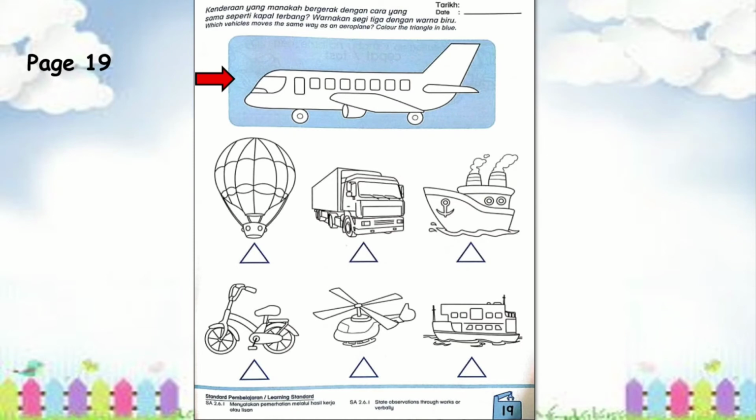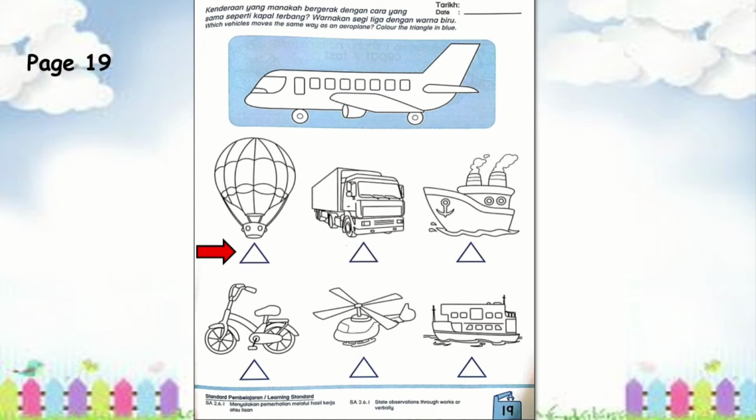So, let's find out among these 6 pictures down there, which vehicles move the same way as an aeroplane in the air. So we are going to color the triangle in blue for the right answer. Okay, now let's see the first picture there. What picture is that, students? Yes, it's a hot air balloon.